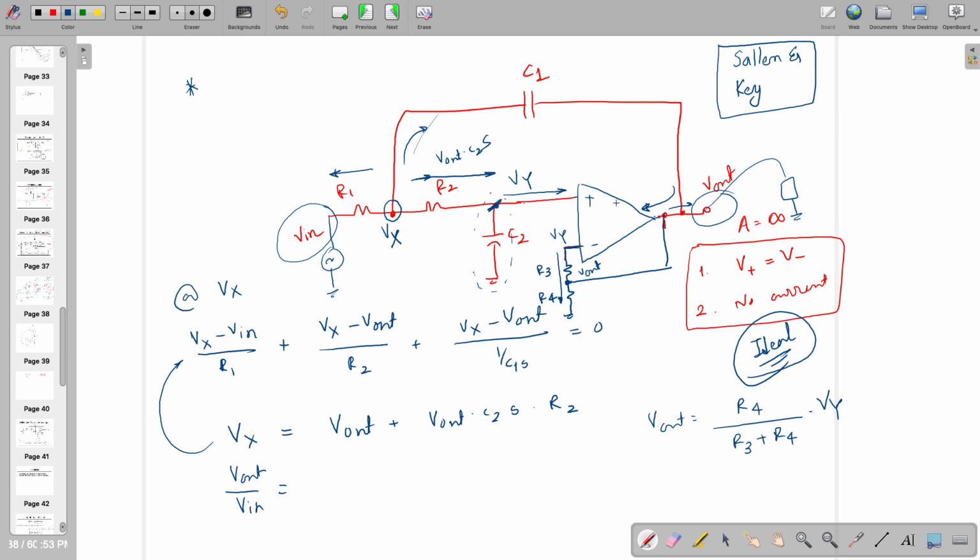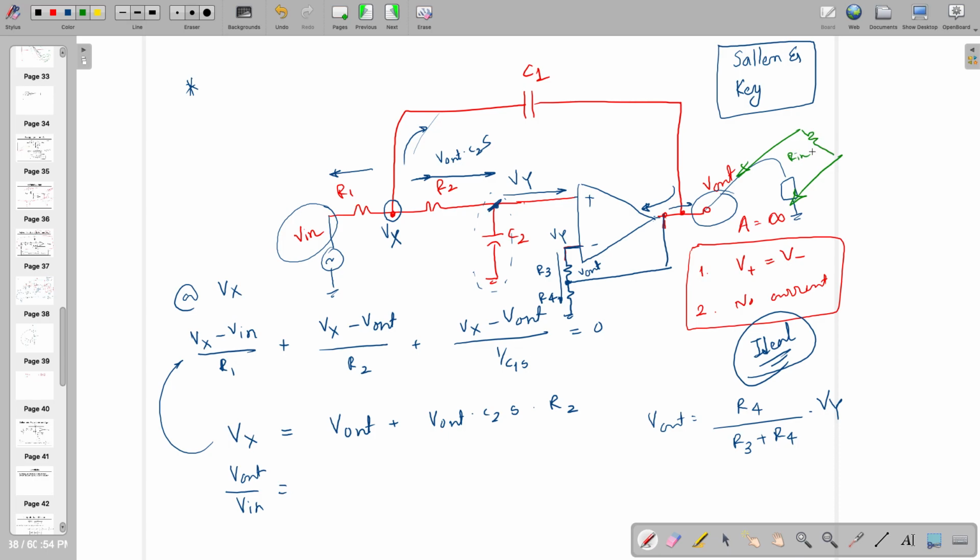Right now V out is open. V out, yeah, it's not actually open, but it's connected to a system where the input impedance is very high.